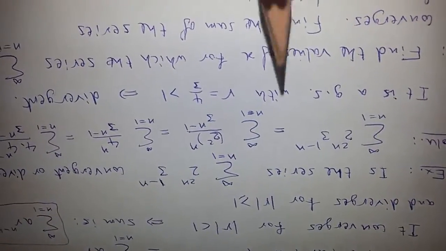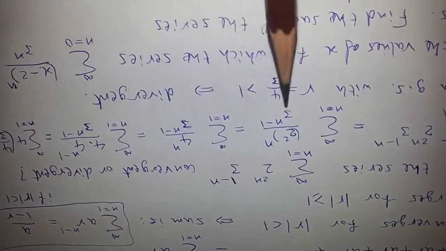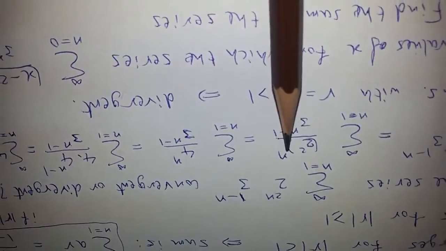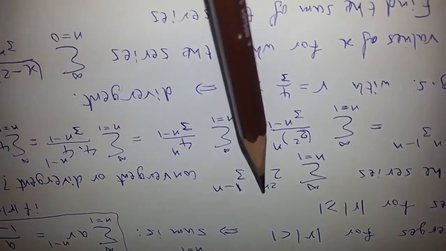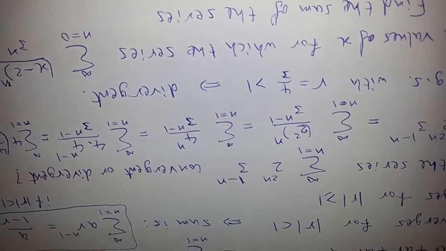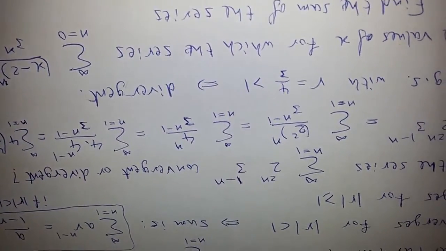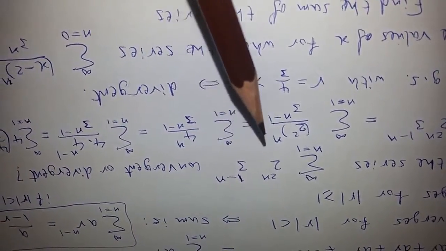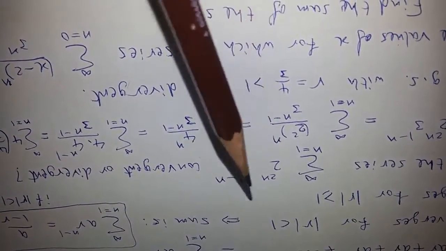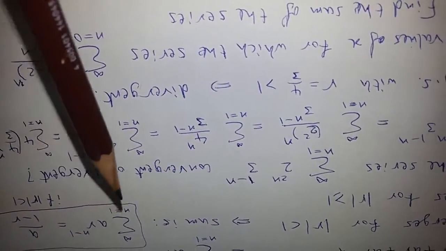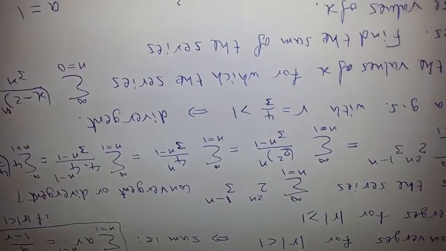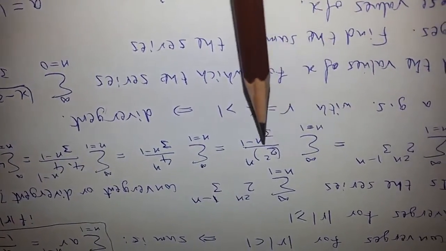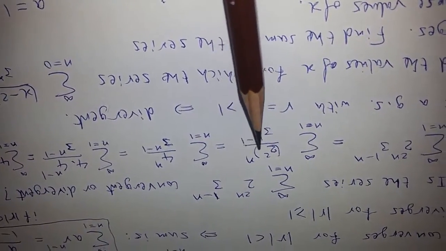Let us take this example. Is this series convergent or divergent? Well, if you look at this series, I have 2 to the power 2n, 3 to the power 1 minus n. How can I write it in the form of a geometric series? Well, this is 2 to the power 2n, so I can write it as 2 squared all to the power n.